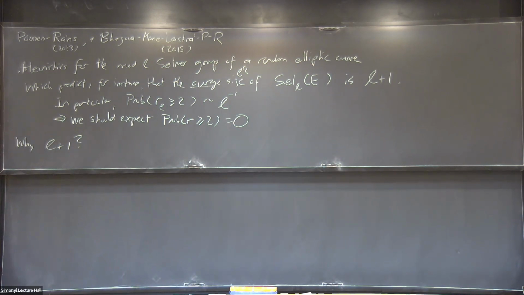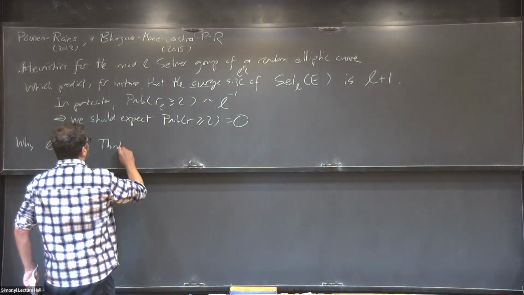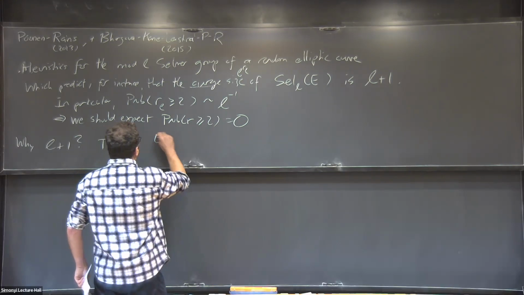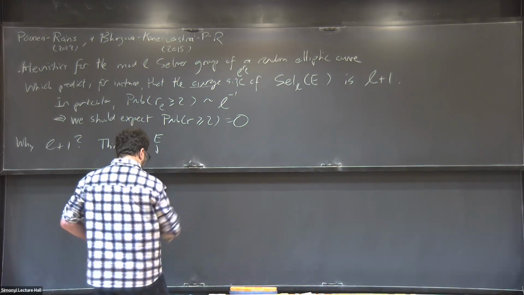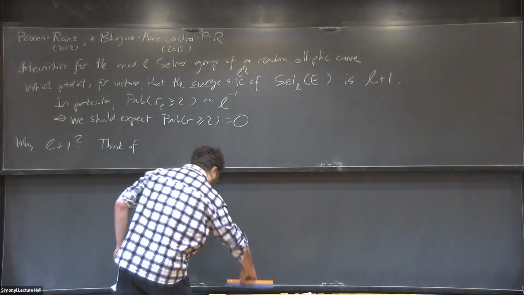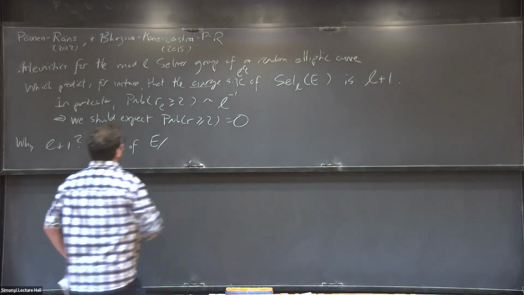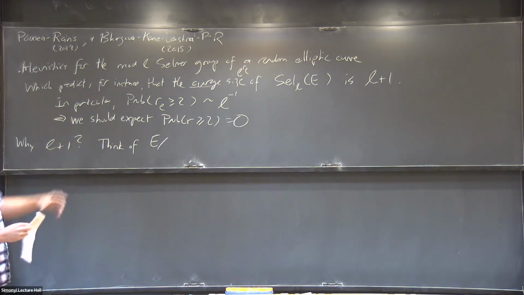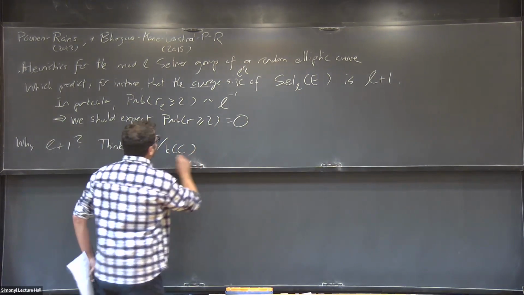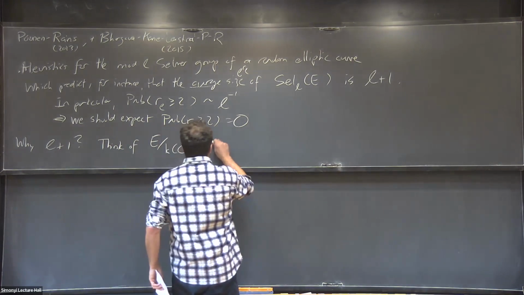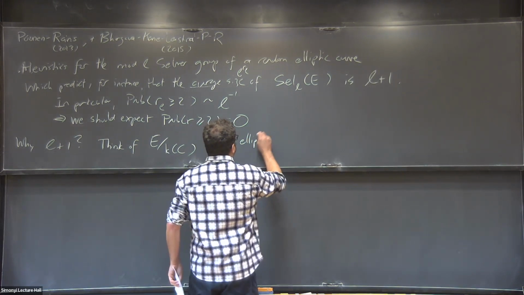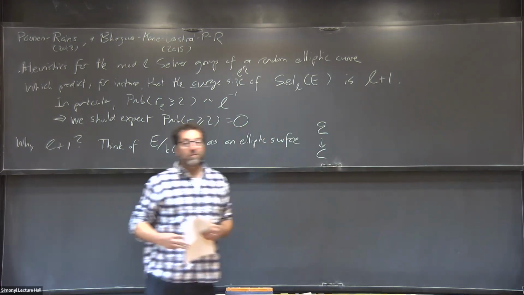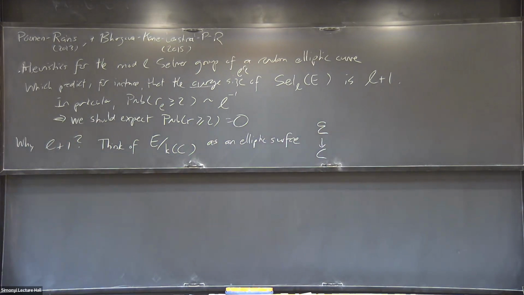One way to think of this is to think of an elliptic curve. I'm not even sure which of these papers are stated for general global fields. People usually think of them over number fields, but if I think of an elliptic curve over the function field of a curve as an elliptic surface, I spread it out to be some kind of surface over C whose fiber is an elliptic curve.